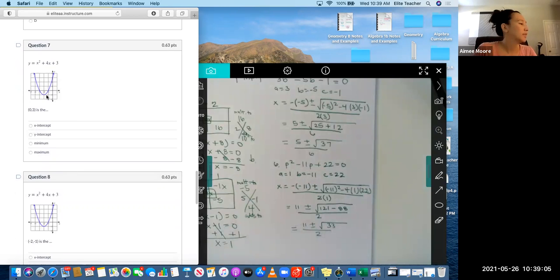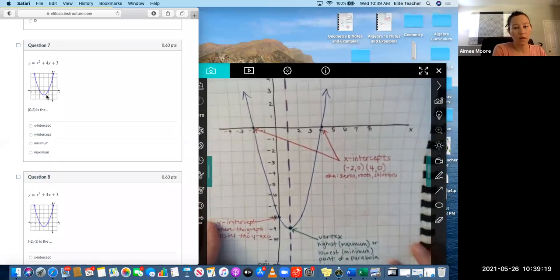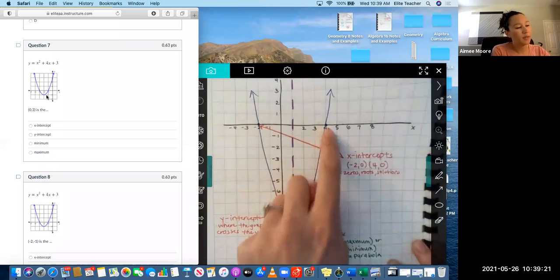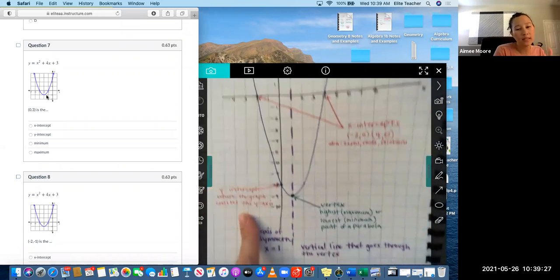Okay, and then we are identifying the parts of a parabola. So let's look at our notes really quick. Remember, the x-intercepts are where it crosses the x-axis. The y-intercept is where the graph crosses the y-axis.